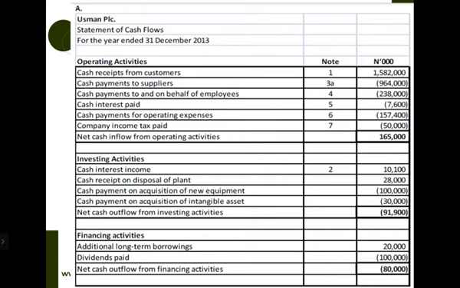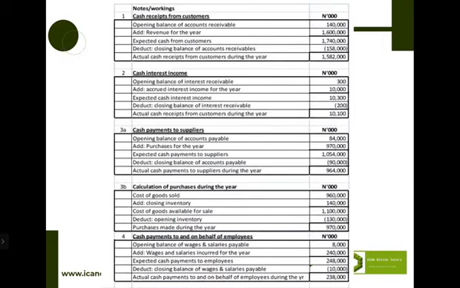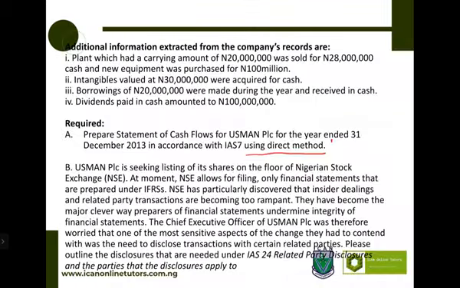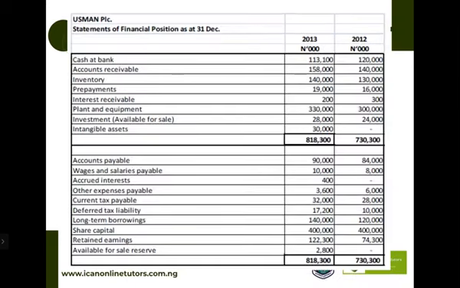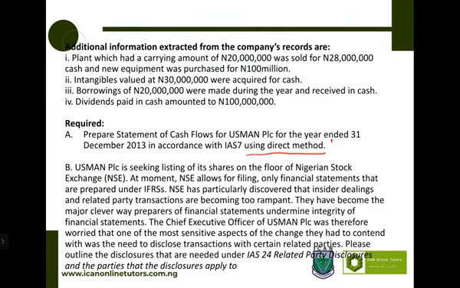So for the A part, what is the cash received from customers? Go back there. You have revenue, depreciation of plant. You can see accounts receivable, you have 158, you have 140. Prepayment we are given, interest receivable you are given. Then any additional information? No, for now.